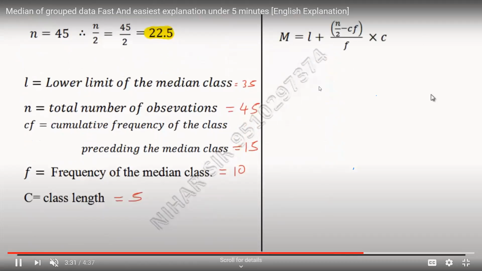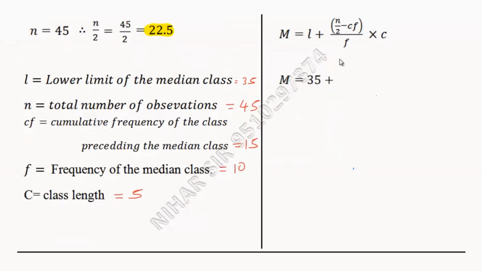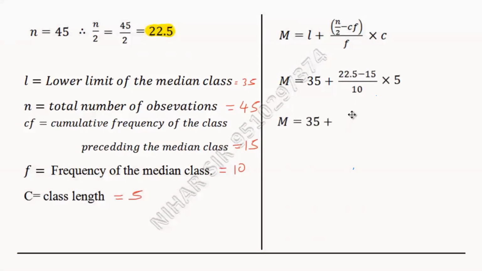Median equals L plus, n upon 2 minus the cumulative frequency of the preceding class, divided by the frequency of the median class, multiplied by the size of the class. So we substitute the values of the quantities. After calculation we get 35 plus 22.5 minus 15 upon 10 multiplied by 5, which is 3.75. Or you can calculate using any computation rule.